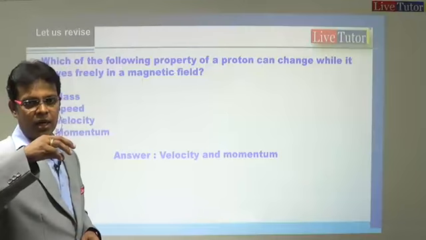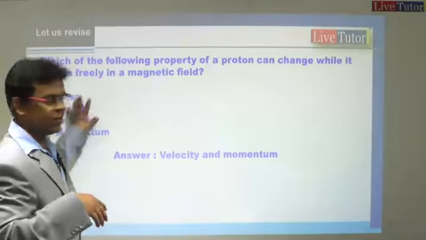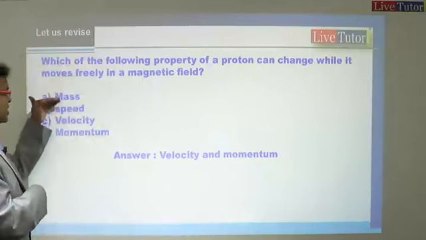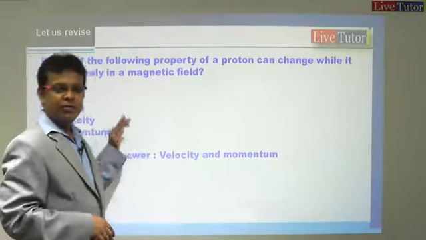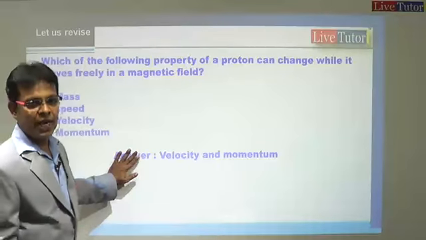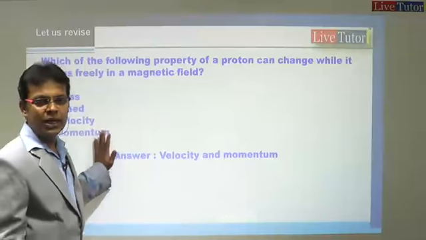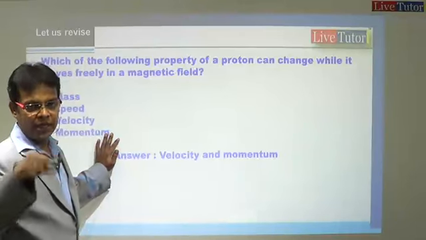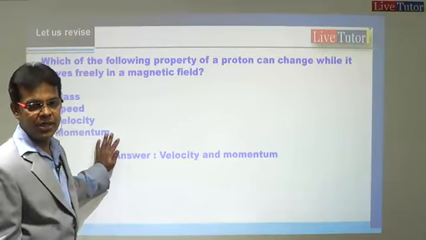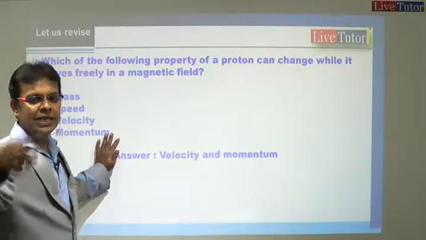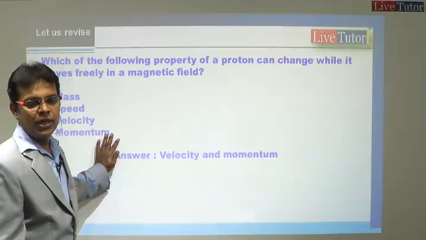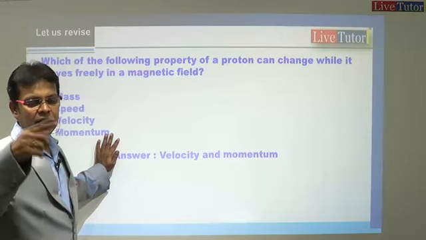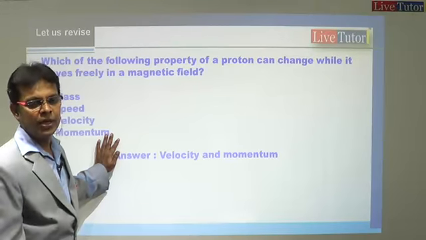Which property changes? There are 4 properties given: mass, speed, velocity, and momentum. Among these 4, which will change? They are asking. Actually, we know that when the current is flowing, it will experience a force, isn't it? It is exerted because a magnetic field will be created. It will experience a force, due to which the velocity will change.